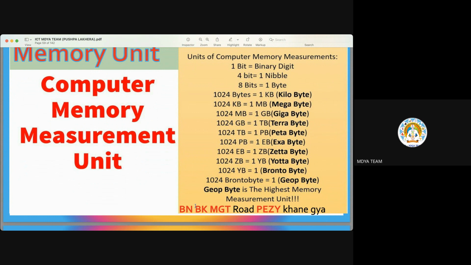And how to remember? There is a code word given here: BNBK MGT road, pizza khane gaya. So B N means bit, nibble, byte, kilo, then M stands for mega, giga, tera, P is peta, exa, zeta, yotta, and then Bronto and Geop are left here.